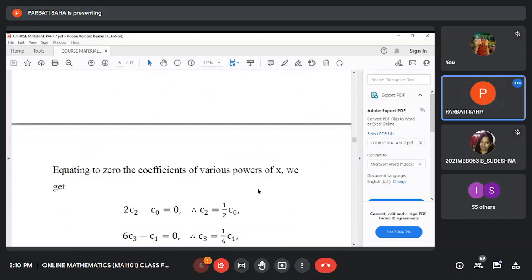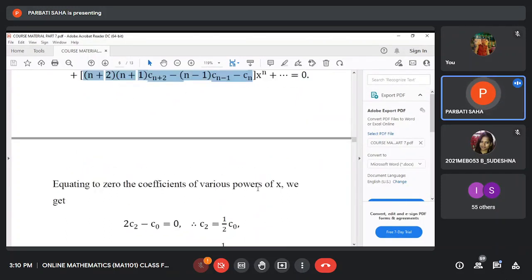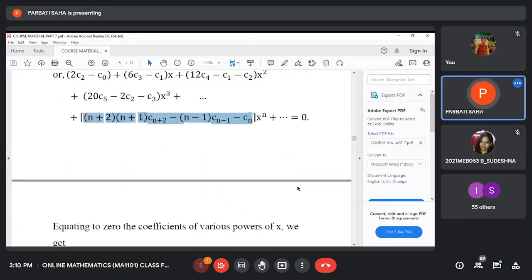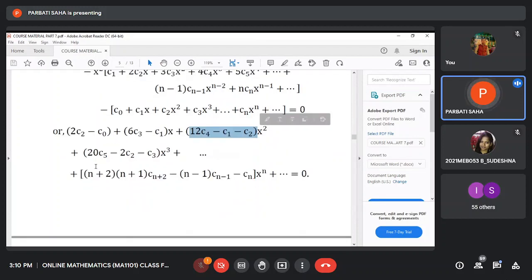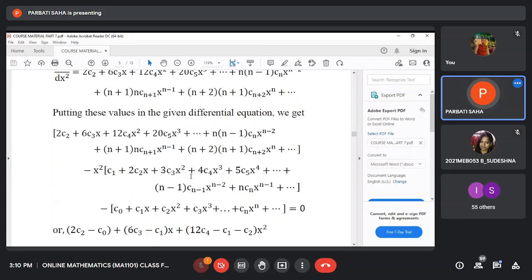Now equate to 0 the coefficients of various powers of x. What do we get? These are the constant term, this is the coefficient of x, this is the coefficient of x squared, and this is the coefficient of x to the power n. We have collected the coefficients of like powers of x.